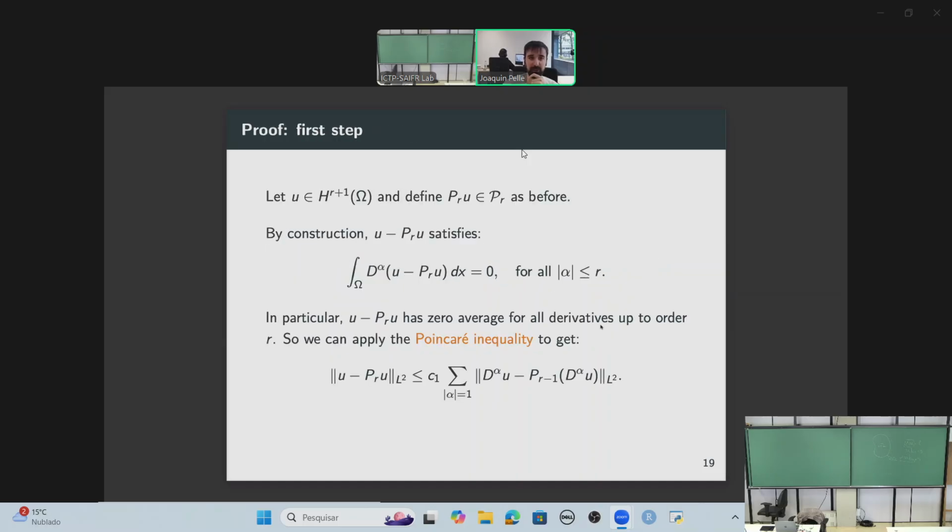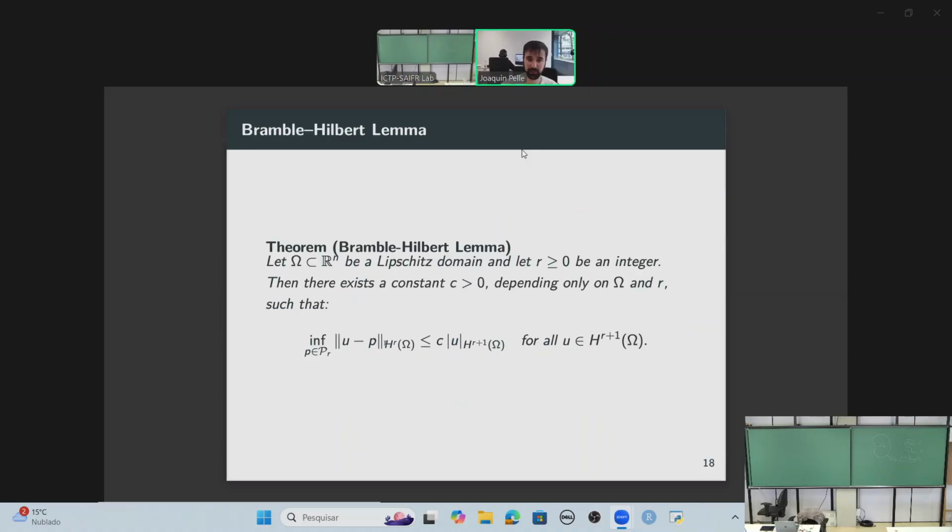So yeah, for the proof of this, it's based basically on the property of this projection operator that we just defined, and on the Poincaré inequality that I showed you before. And it's a constructive proof. This is the reason I introduced the projection first, so that now, if we go back to the statement of the theorem, we are going to construct a certain projection that gives a specific polynomial that satisfies this bound here.